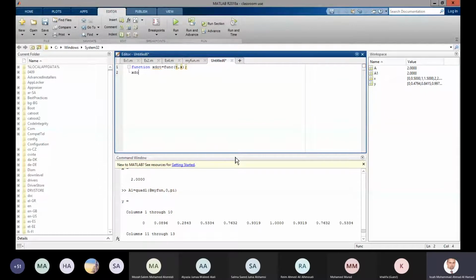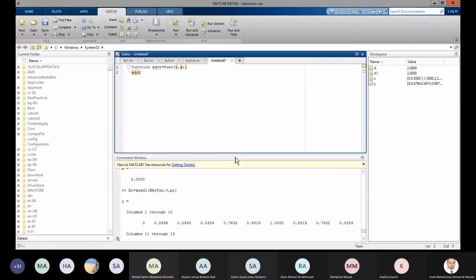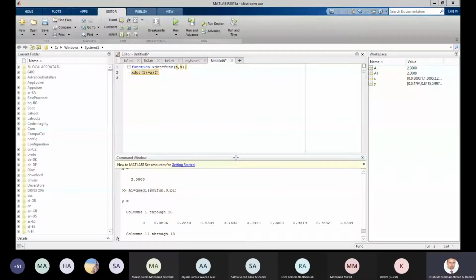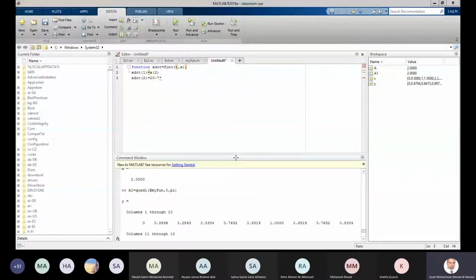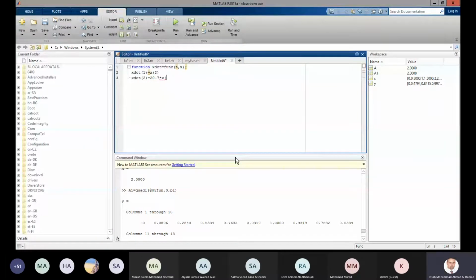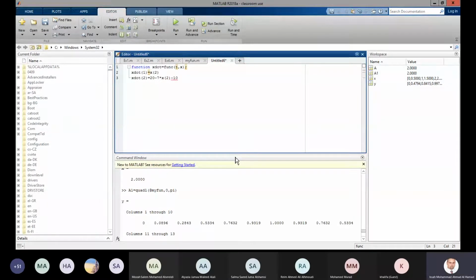Now, x dot 1 was defined as x2. Okay. Now, x dot 2 is defined as the differential equation: 20 minus 7 multiplied by x2 minus 10 multiplied by x1, correct?